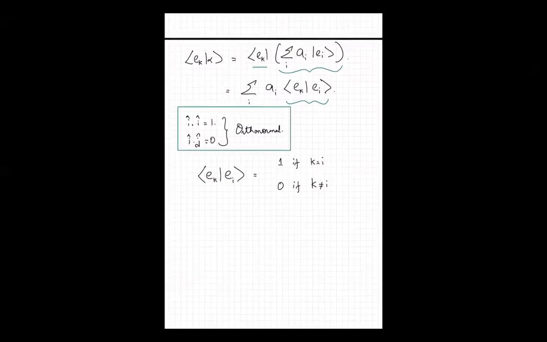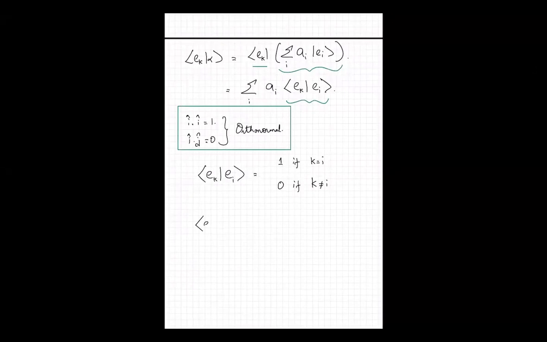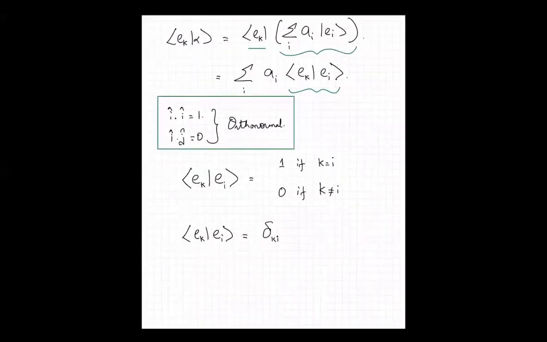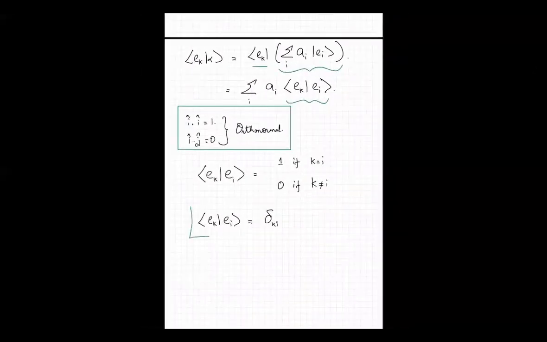So I can club these two rules and write ek ei equals delta ki. What is delta ki? This is a very important piece of information, so we'll box this.